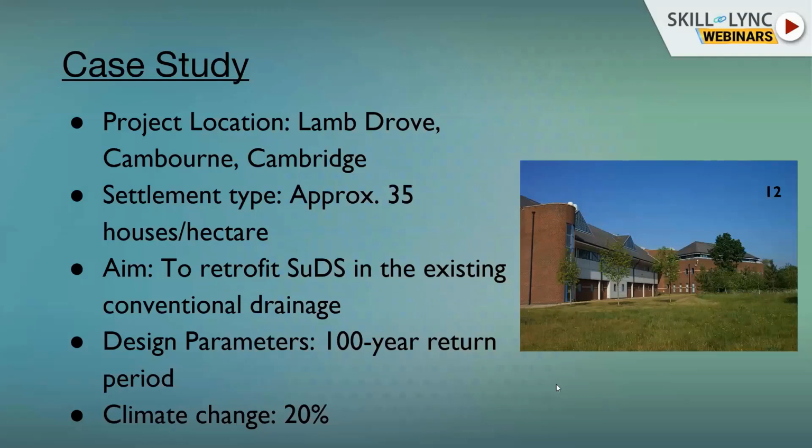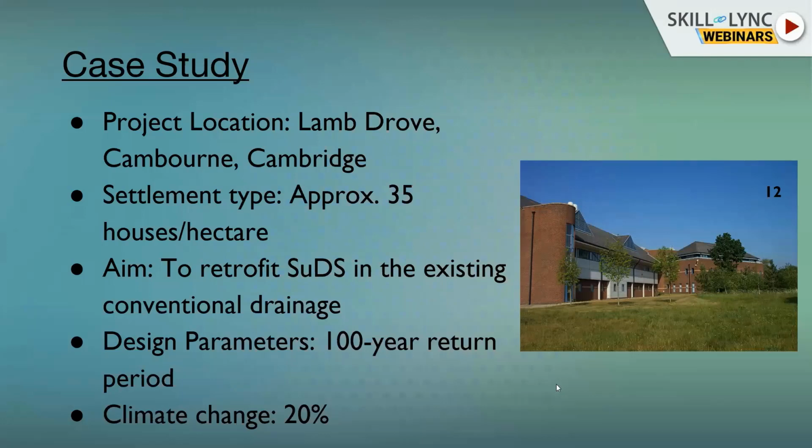I can understand that it's a medium density when we see UK, but in India, the definitions are a bit different. So here, what we had to do is provide a retrofit SuDS solution because the layout of the houses, the roads, and the area was already agreed and fixed.